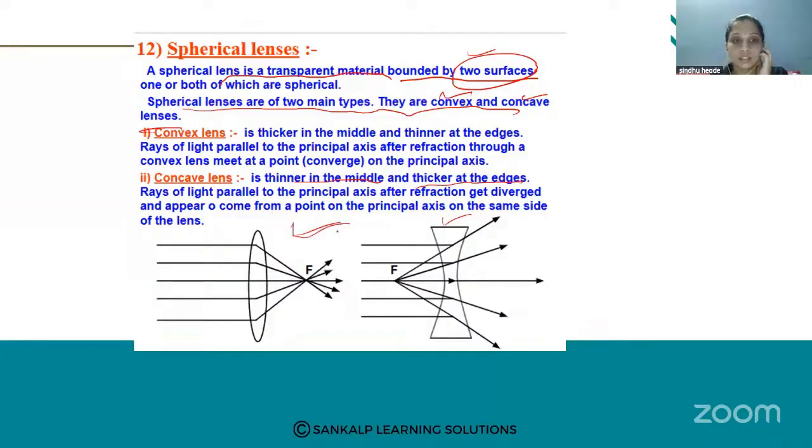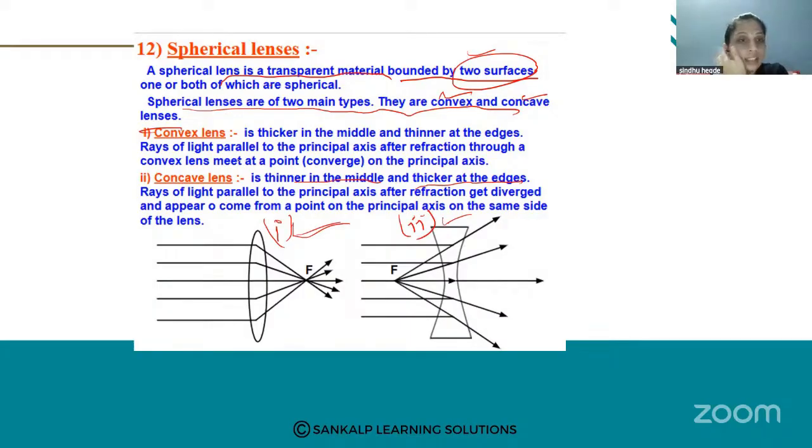See here. This image is related to the second explanation, that is concave, and this is related to the convex lens. A convex lens is thicker in the middle and thinner at the edges.